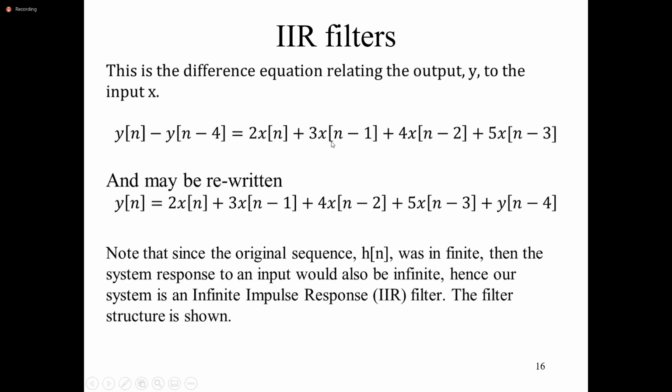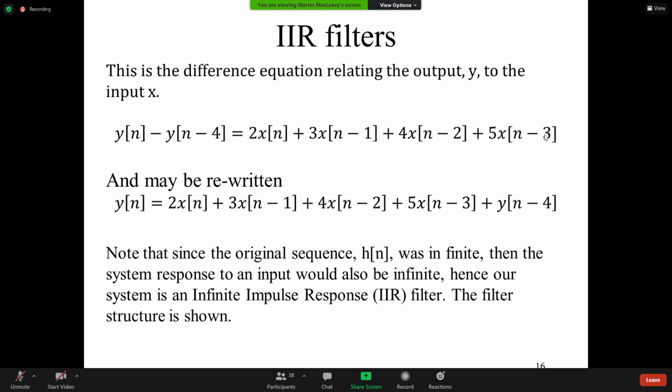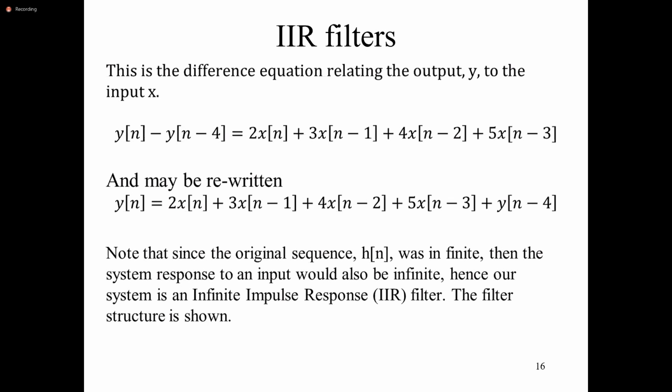Now, since we really always want to make our output the subject of our equation, we are just interested in our y of n. So we rewrite this equation and bring our minus y of n minus 4 over to the right.